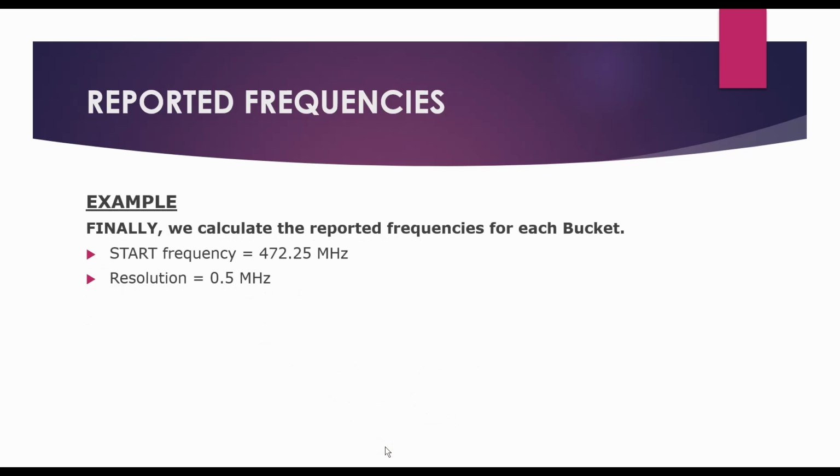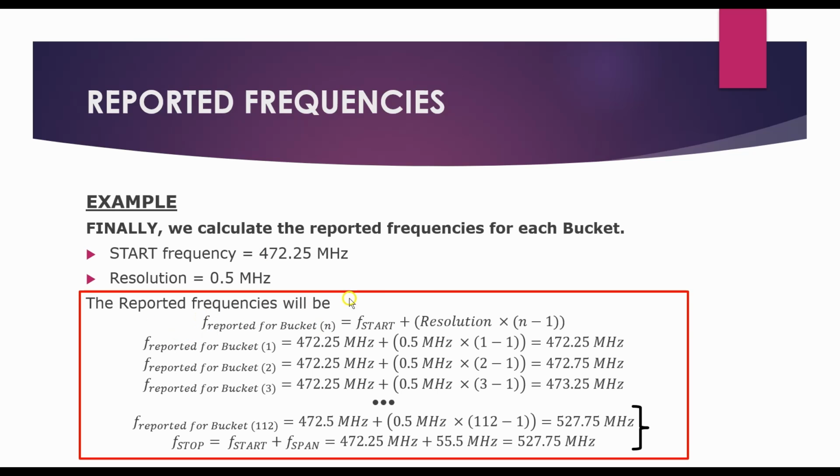Finally, we can calculate the reported frequencies for each bucket. We just found the start frequency was 472.25. We already know the resolution because we specified this at 0.5 megahertz. And so we pull out our equation. Reported frequency for any particular bucket is equal to the start frequency plus the resolution times the bucket number minus 1.